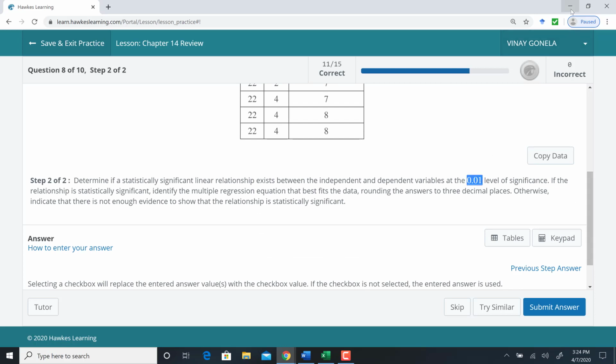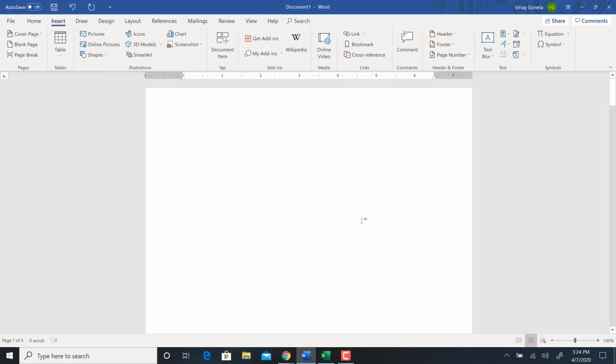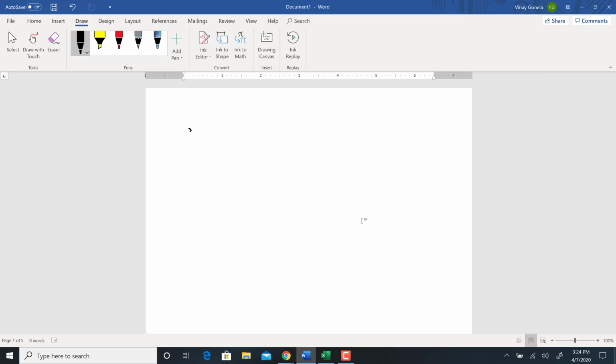If the p-value is less than alpha, then the regression model is significant. That means I can use the regression model. So if the p-value is less than alpha, that means the model is significant.